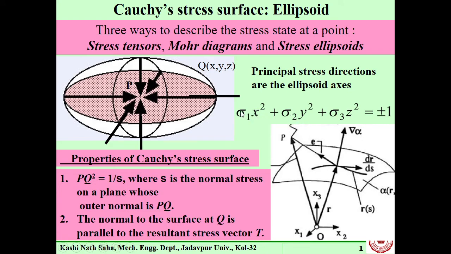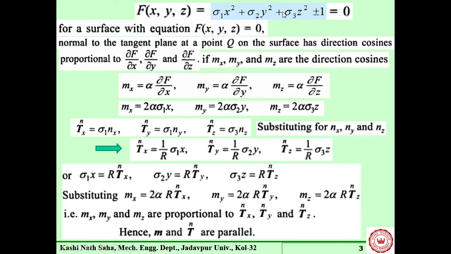This is the equation, and if we take the right hand side into the left hand side, plus 1, then it will become 0. So our f(x, y, z) actually is this, and it is becoming 0. Clear?